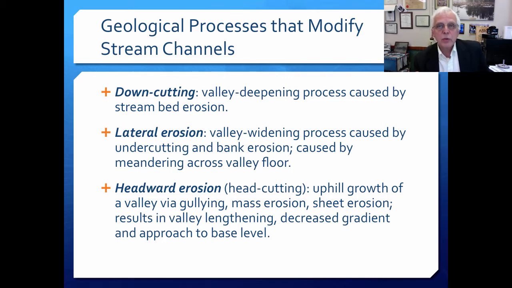Now, another process that's really important, it's gotten really important as we modify streams, is something called head cutting or headward erosion. It sounds a terrible word, but it's basically the uphill growth of a valley that occurs via gullying and mass erosion and sheet erosion, and it results in valley lengthening and a decreased gradient and approach to the base level. And this occurs anytime we speed up water or cause it to flow away faster.